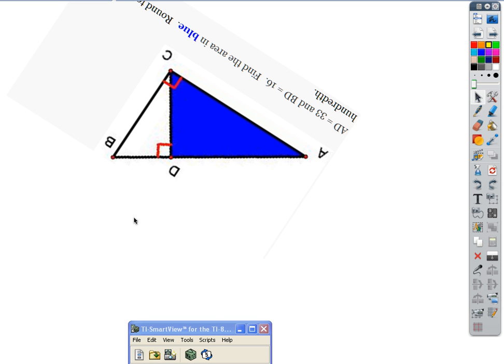So this distance right here, let's write these in. So this distance is 33. It's telling us that BD, so this distance, is 16. And it's asking us for this distance. No, it wants the area. Never mind. So we need that distance, don't we? Let's call that x.